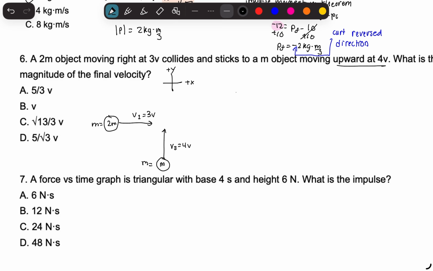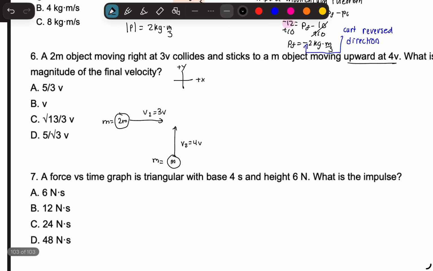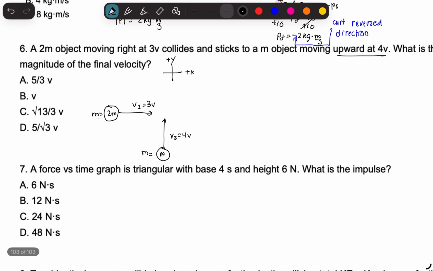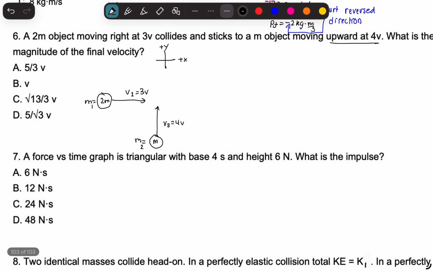So that means that for object 1, we'll label this as object 1 and this is object 2. Your mass is 2m, your velocity is 3v to the right. So your p1x is 2m times 3v, which is equal to 6mv, and your p1y is equal to 0.